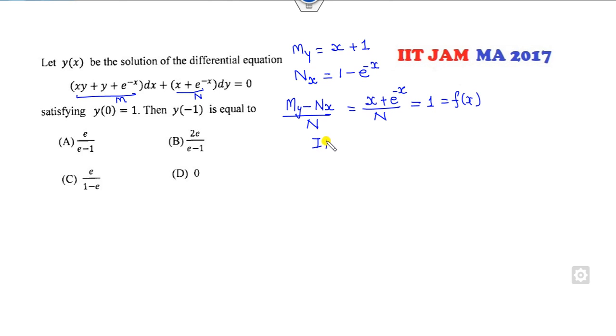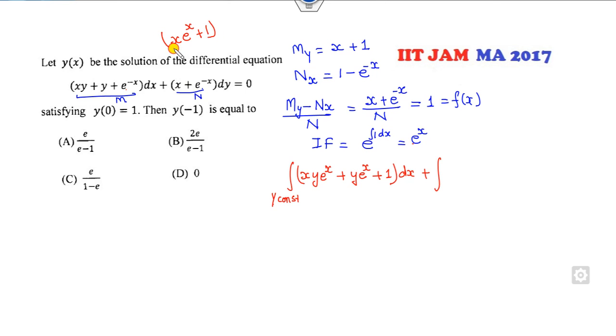So what is my integrating factor? Integrating factor is e raised to power integral of 1 dx. Fine. So now I can multiply this term, so the solution will be, keeping y constant, xy e raised to power x plus y e raised to power x plus 1 times dx, plus any term which involves only y; if I multiply this term by here, it will be this.